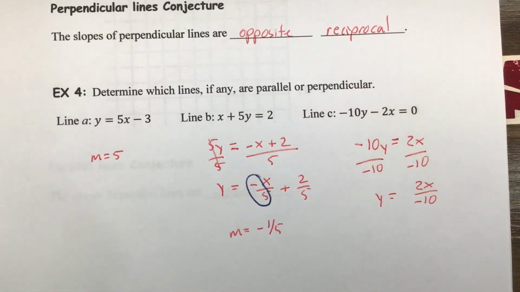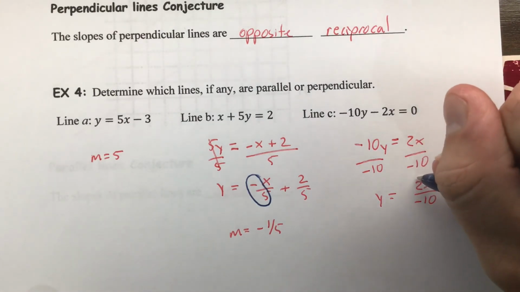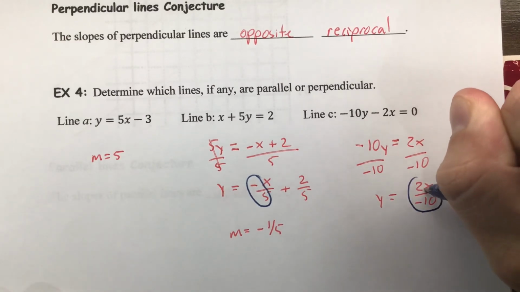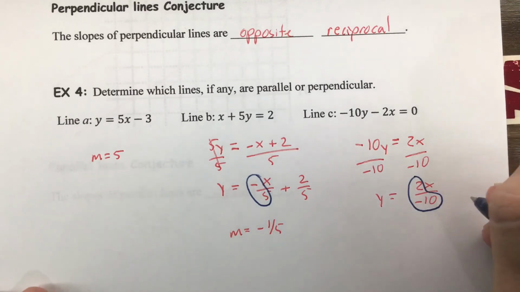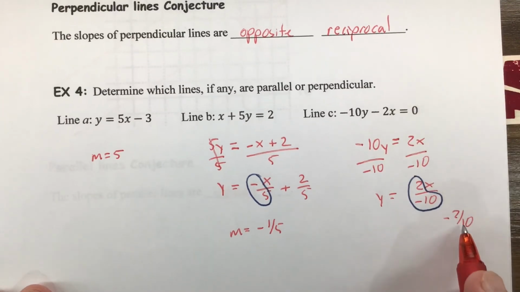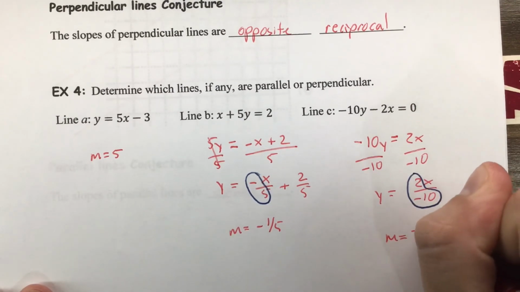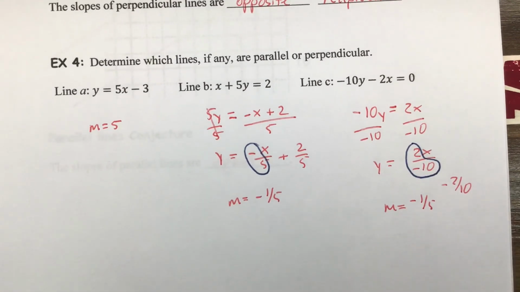You don't normally write it that way, but I'm trying to keep it fitting with generic approaches, not cleaning things up much. This is going to be the slope. It's the coefficient of the x, and it's also that denominator, which is 2 over -10. That's the same thing as -2/10. That negative can just be moved out to the front. So you've got -2/10, which will reduce down to -1/5 for that slope.